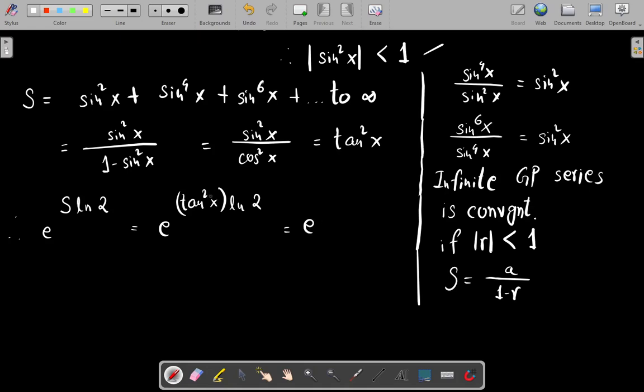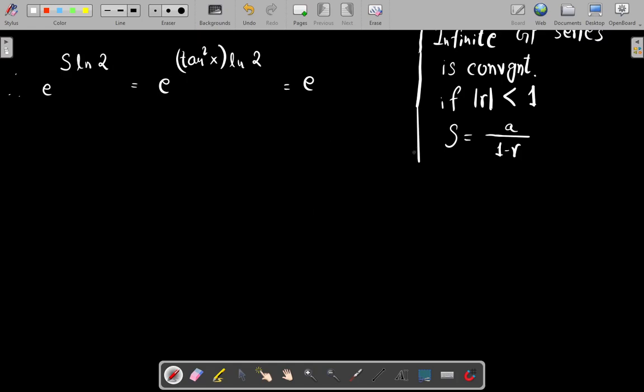And this can be reverted back. The power rule of logarithm is log of x to the power n to a base a is n log x, right? So we are given this RHS, so we can revert back to the LHS. I am writing it as e raised to the power ln of 2 to the power tan square x.